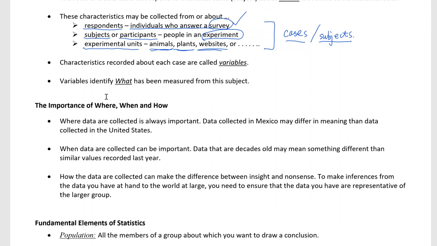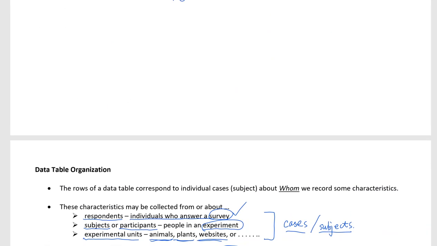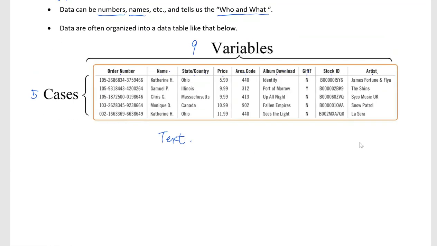So next, we say the characteristics recorded about each case are called variables, right? So we just talked about in this table for each case we have 9 characteristics, right?